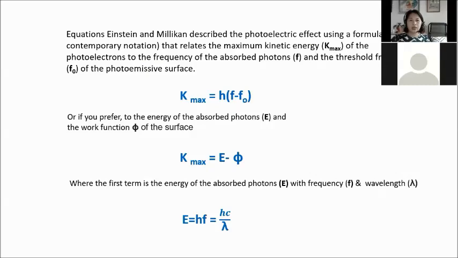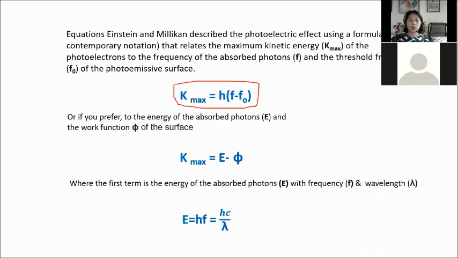Okay, so we have this relationship: maximum kinetic energy is equal to Planck's constant, where Planck's constant is equal to 6.63 times 10 to the power of negative 34 joule-seconds, multiplied by the difference of the frequency of the absorbed photon, f, and the threshold frequency, f sub 0.